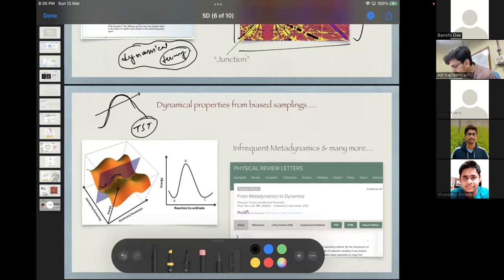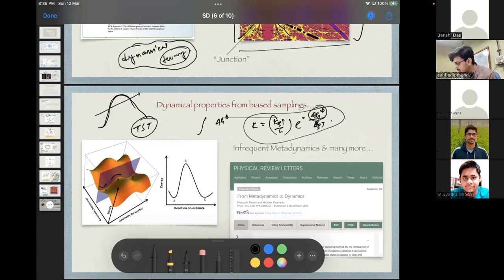Because we know the barrier energy delta G double dagger, we just use k equal to k_B T divided by h, times e to the power minus delta G double dagger divided by k_B T. We get the rate constant from this equation. But just remember, this is done using TST without including the dynamics, so it can often be misinterpreted.